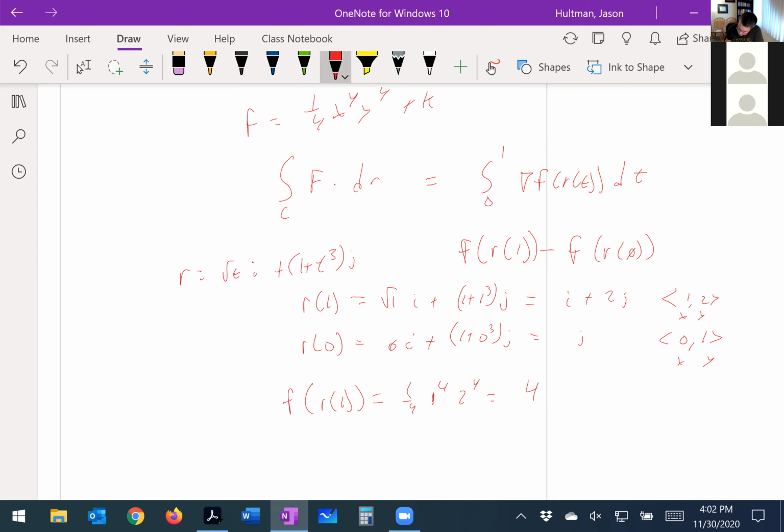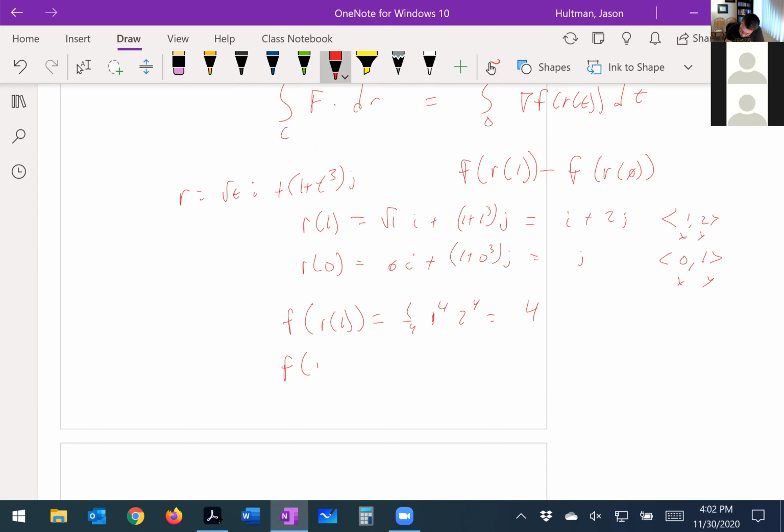And f of r of 0 is 1/4 times 0 to the 4th times 1 to the 4th, which is 0. So in the end, I get 4 minus 0, which is 4.